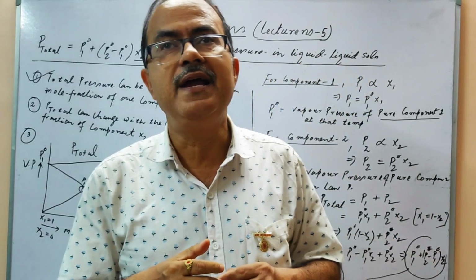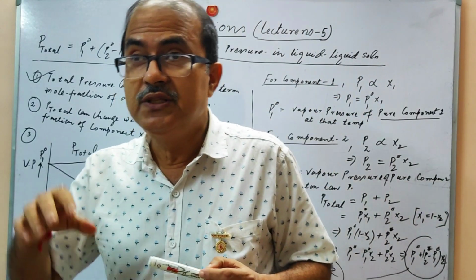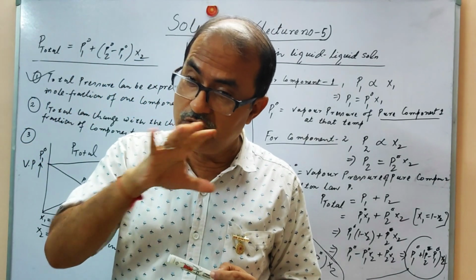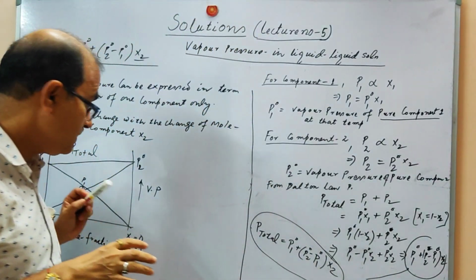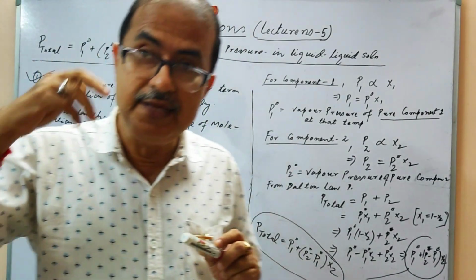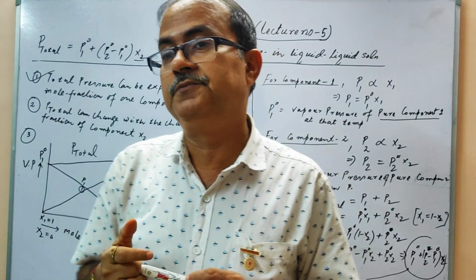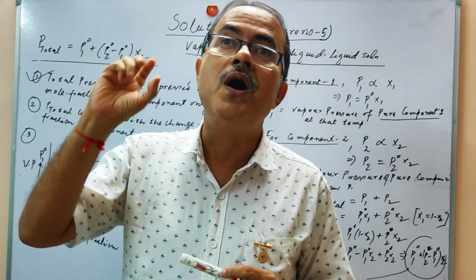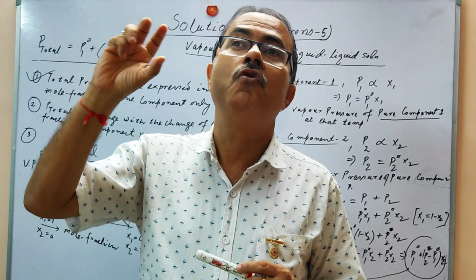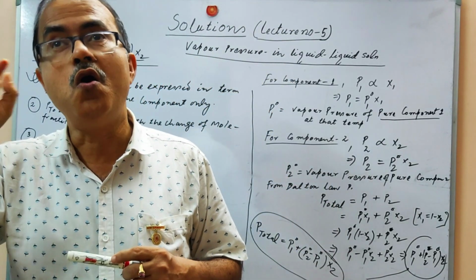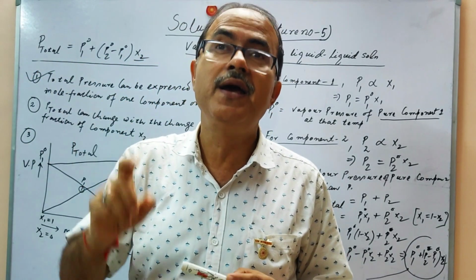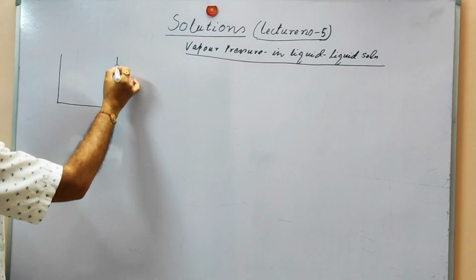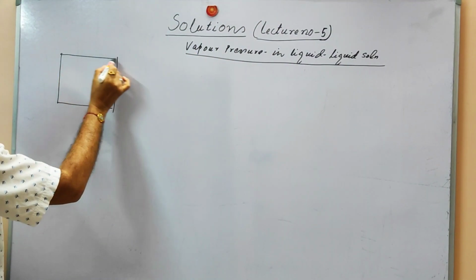Now we are going to understand the two phases that have been created: the liquid phase that we have discussed here, and another phase, the vapor phase. In that vapor phase, what will be the composition, the mole fraction of the component 1 and component 2? That we are going to discuss now. Take a closed container.